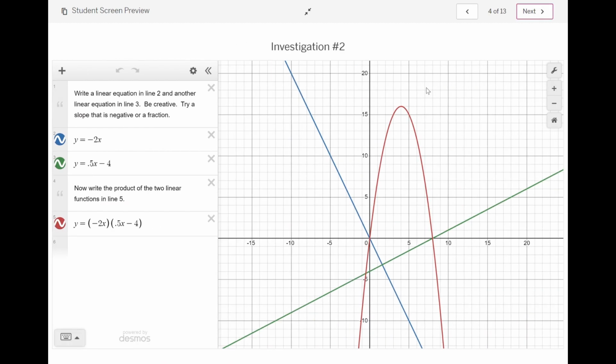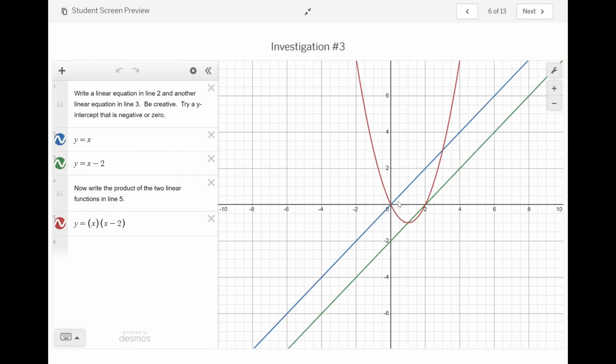Let's look at investigation 2. We had 0 here, -4 here. On my red, it's 0. So maybe on the blue graph, 0 times the green graph, 0 times -4 is 0, so maybe that works.